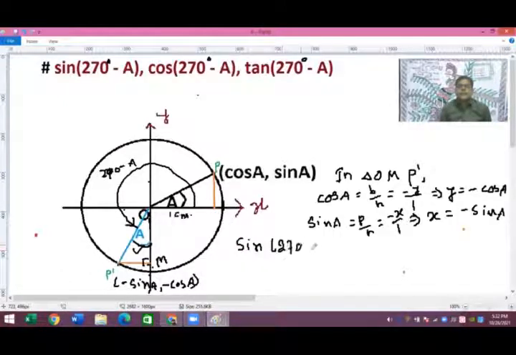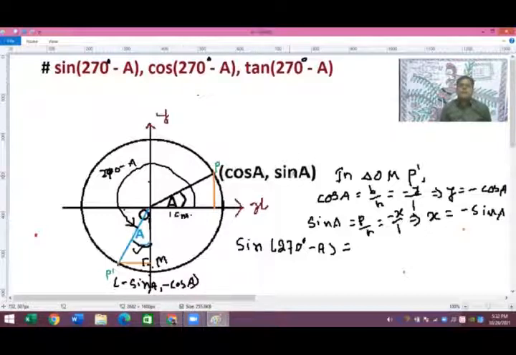Alright, now let's talk about sine 270 degrees minus A values. You can see here that when it was A over here, the x coordinate was cos A, but by the rule, if you say 270 degrees minus A, now it is at point P dashed, and its sine has become negative cos.